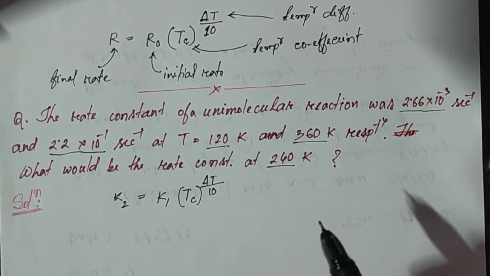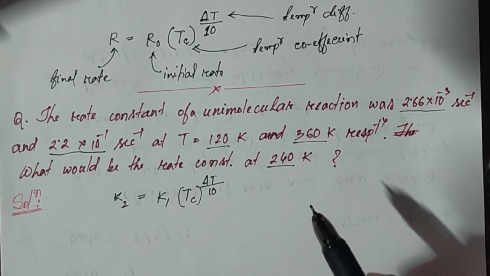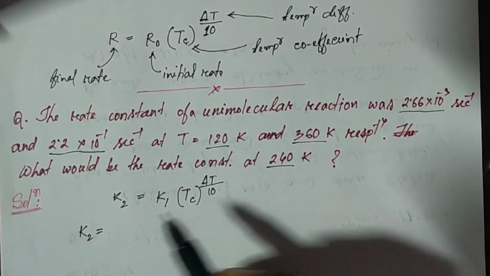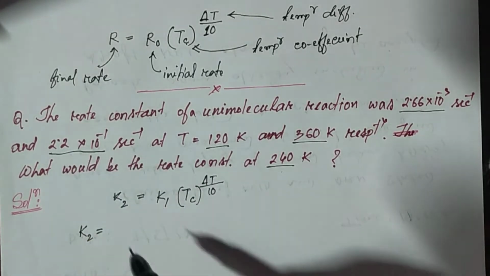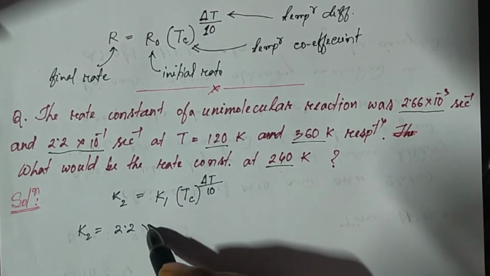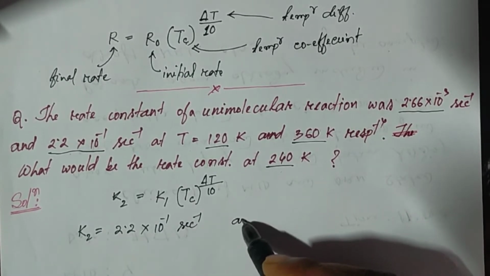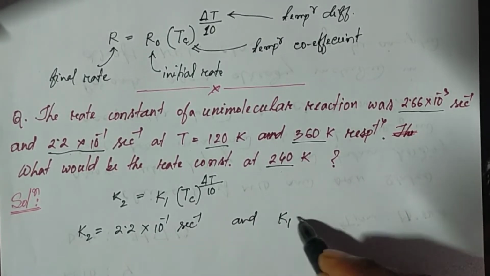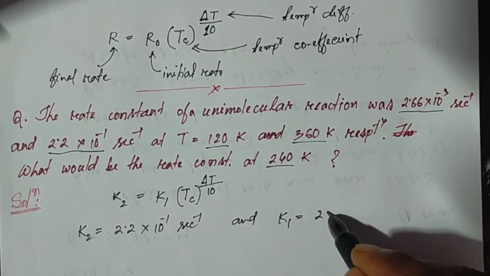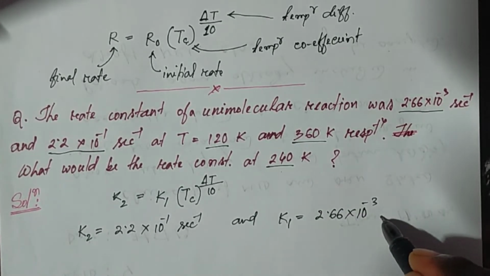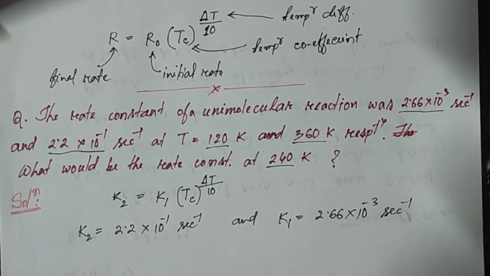So here k2 is this one, 2.2 into 10 to the power minus 1 second inverse, and k1 is this one, 2.66 into 10 to the power minus 3 second inverse.